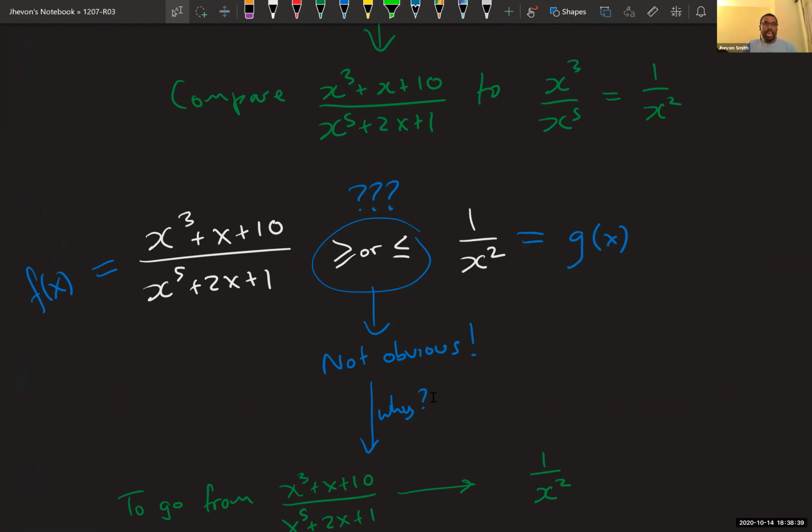And again, I wouldn't go throwing out something random. If I have a 3rd degree polynomial over a 5th degree polynomial, comparing it to 1 over a 10th degree polynomial is just kind of out there. Why would you do that? The best thing to compare it to would be something that looks like the higher powers.